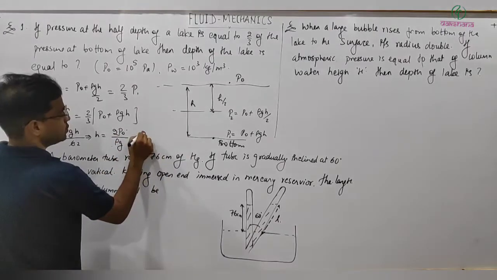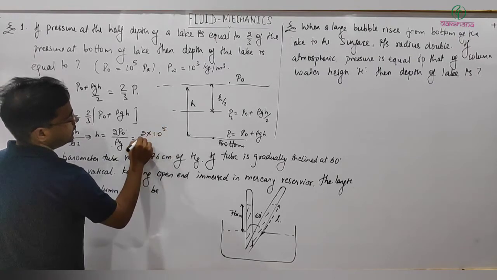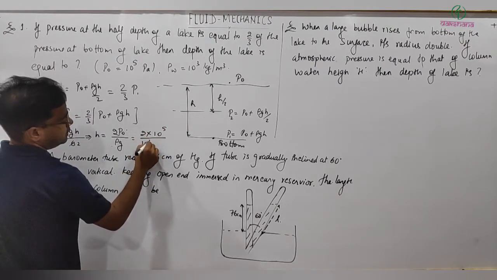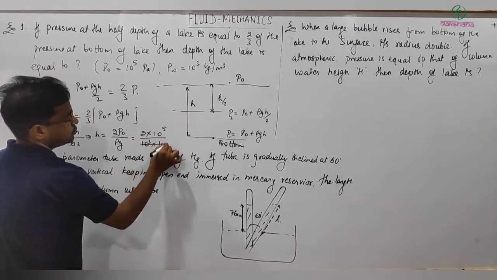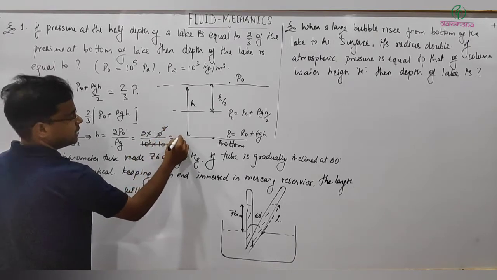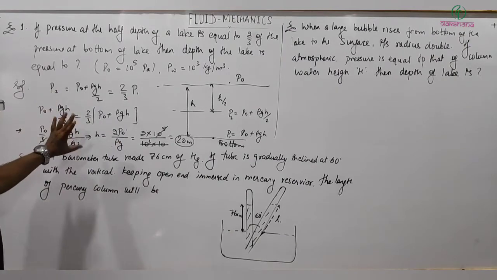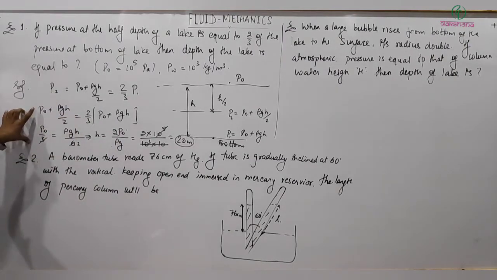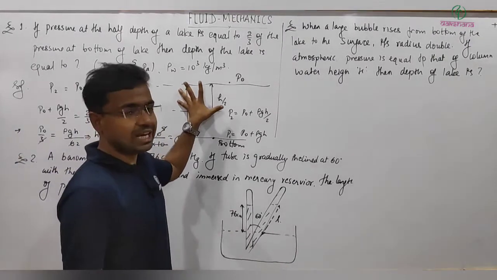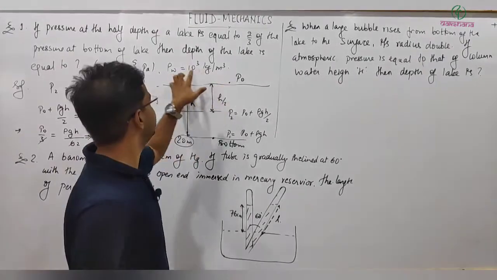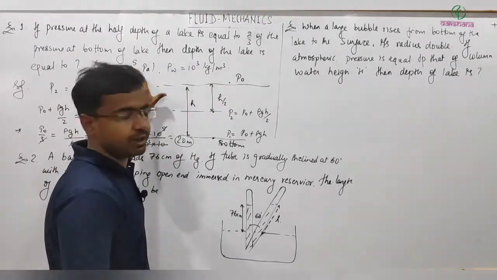Substituting the values, 2 P naught is 2 times 10 to the power 5, rho is 10 to the power 3, and g is 10, so it comes out to 20 meters. Here the space is a little congested, but I hope you get the concept. This is a lake, atmospheric pressure P naught is given as 10 to the power 5 Pascal.